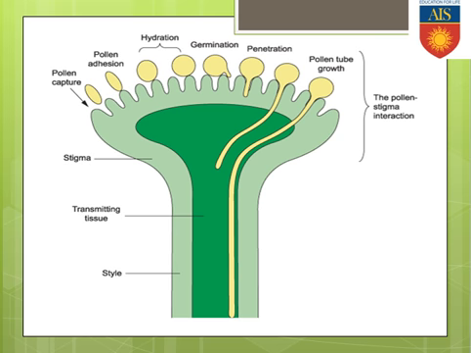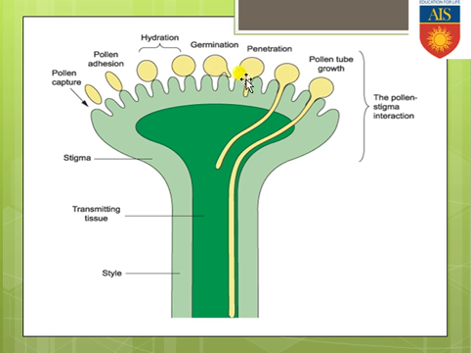So let's see the next figure. This is the pollen pistil interaction in very short. This is the pollen getting attached to the surface of the stigma, and we all know that on the surface of the stigma several outgrowths are present which are responsible for capturing the pollen grain. Next, pollen adhesion happens with the surface of the stigma. Then the pollen grain gets hydrated and swollen. Next, the intine layer starts forming the pollen tube, that means germination has occurred.